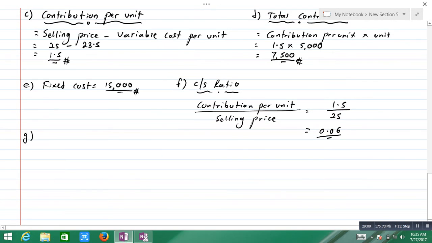We just calculated that over there. That will give us 10,000 units.